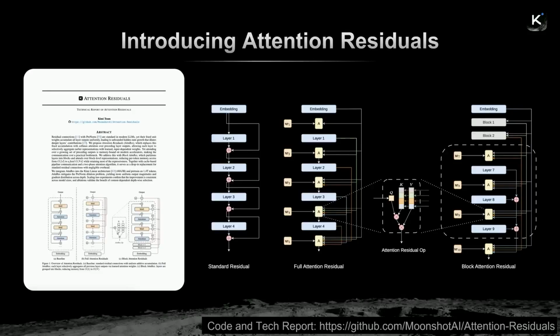For example, each block can contain 16 layers, or maybe 4 layers. Then for each block, we apply this attention residual only on the output of each block. But within each block, we still adopt the standard residual. This reduces a lot of overhead while having minimal loss in terms of training accuracy.